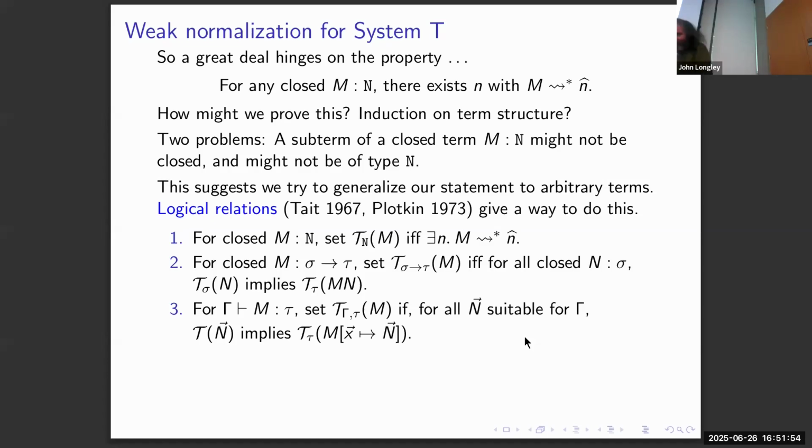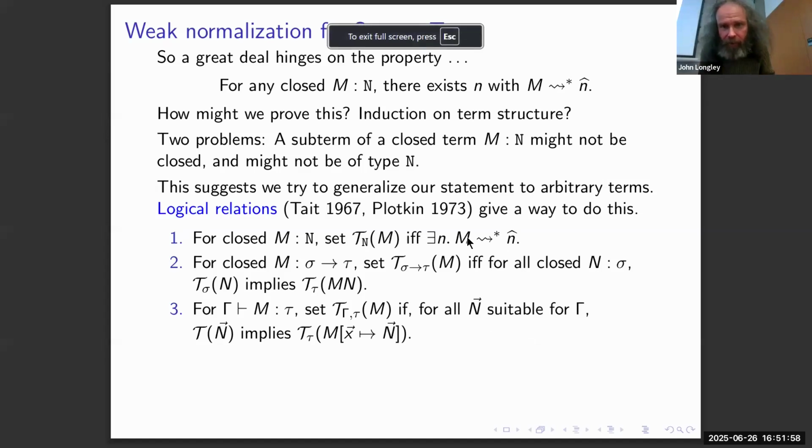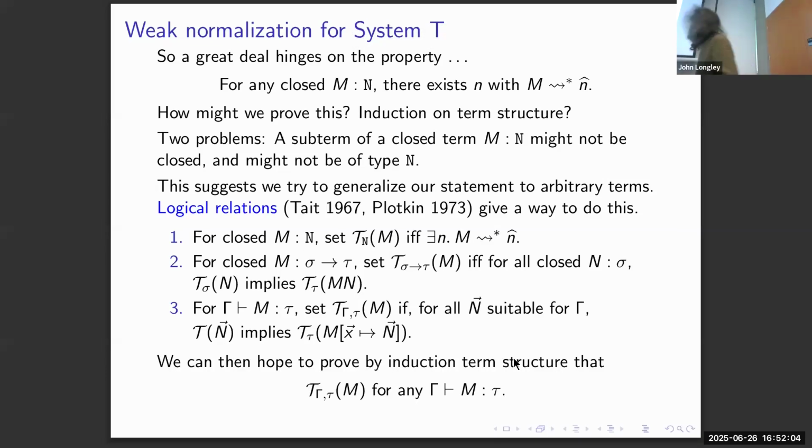This just extends the condition we're primarily interested in to arbitrary terms of arbitrary types in arbitrary contexts. So we can now reasonably hope to prove by induction on term structure that any term M in context of any type has the property T.